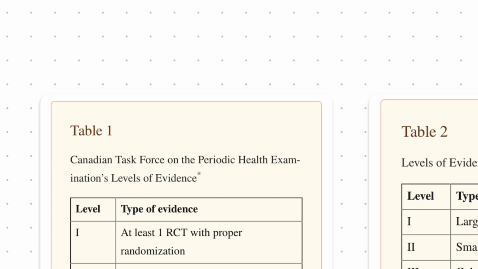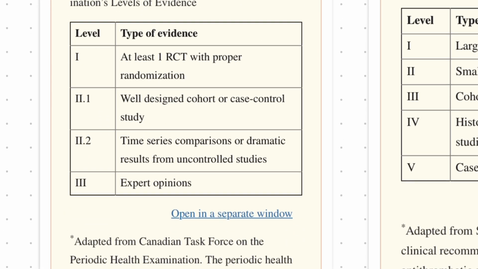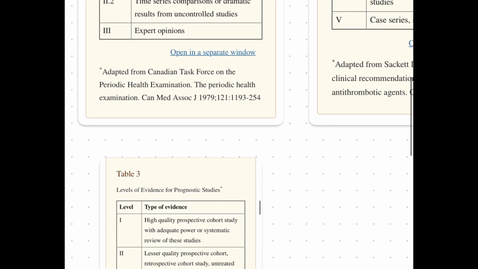Now, levels of evidence is based on certain facts, and it was first devised by the Canadian Task Force, which back in the 90s decided that levels of evidence are to be decided based on certain criteria.